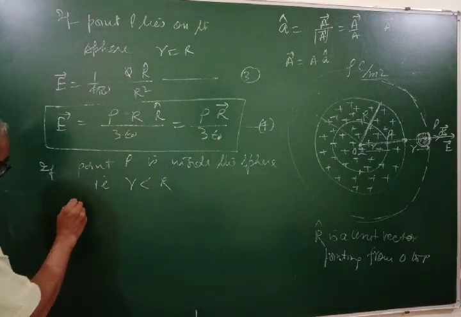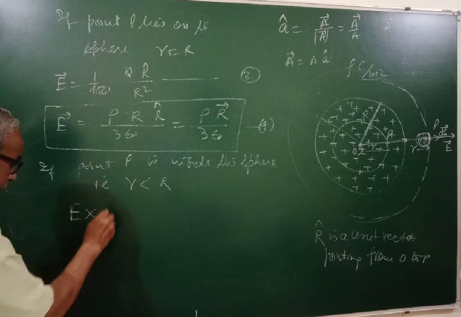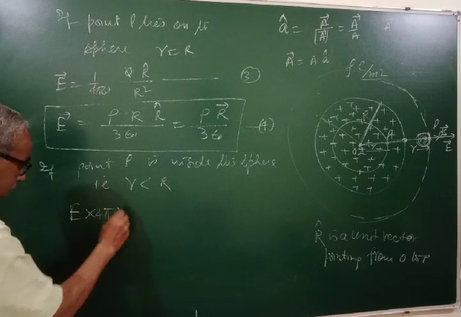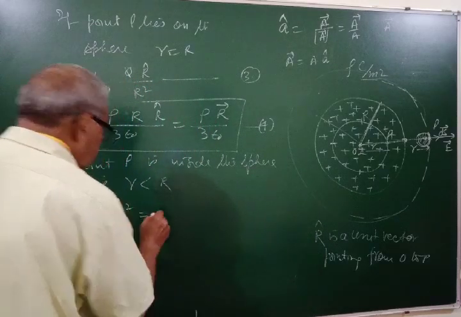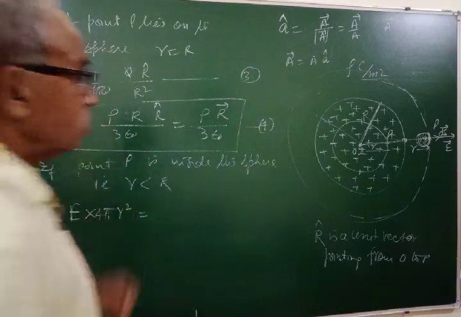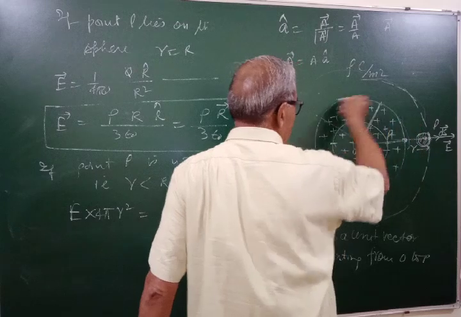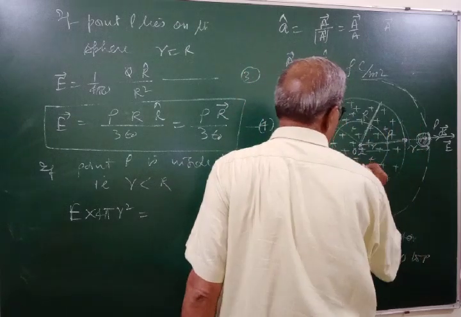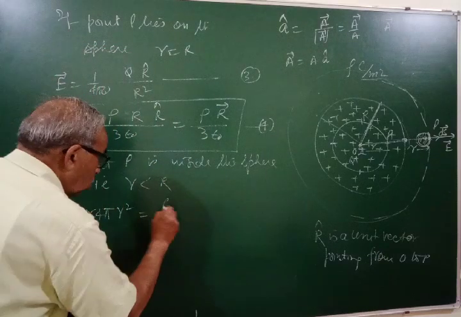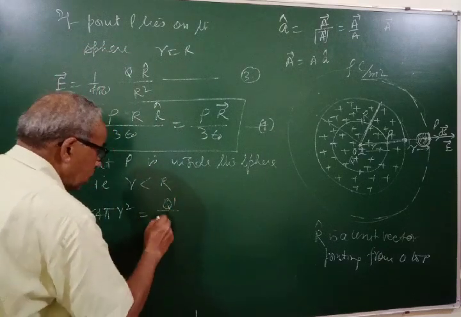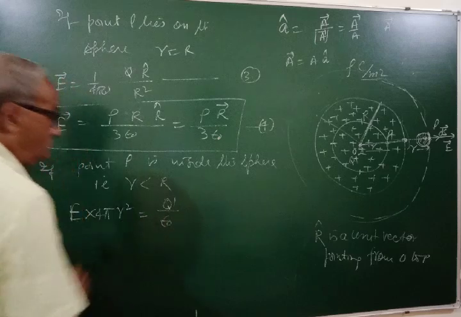At P here, integration E into 4 pi r square, the area of the sphere, is equal to the total charge inside upon epsilon 0. Here the charge inside is Q dash, so Q dash upon epsilon 0.